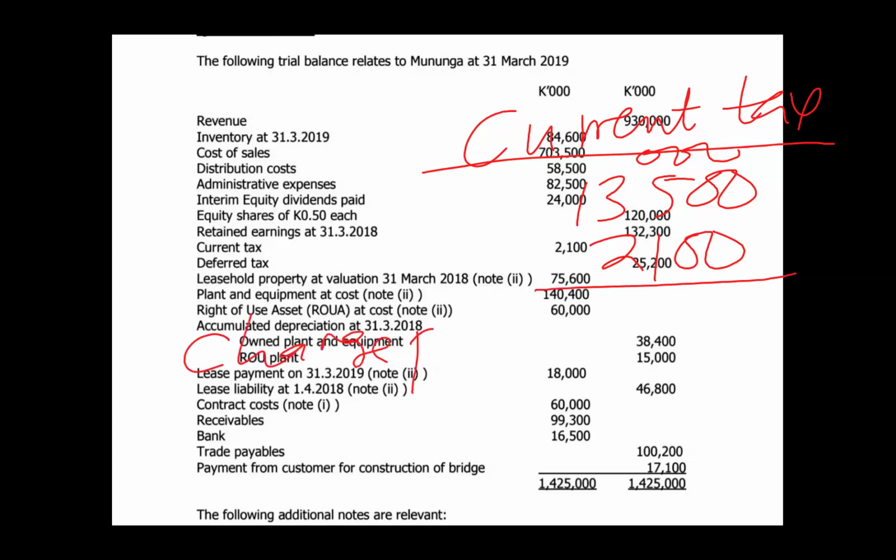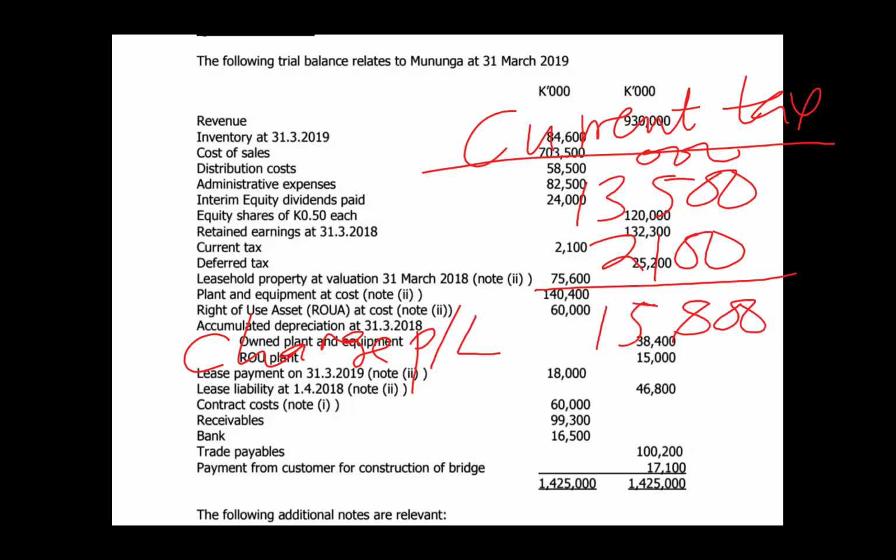In this case, 13,500 plus 2,100 gives us 15,800. That's what it does, 15,800.